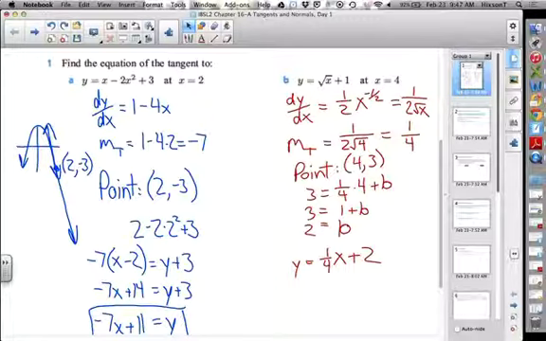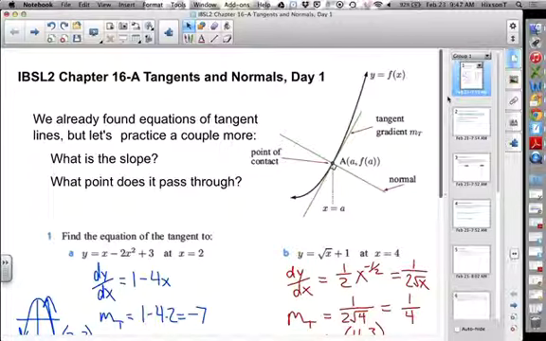Alright, so there are our tangent lines. Let's go back here now. I want to look at normal lines. We said normal lines are perpendicular to tangent lines. How are perpendicular lines related? They have the negative reciprocal slope of the line that they're perpendicular to. Yeah, okay.